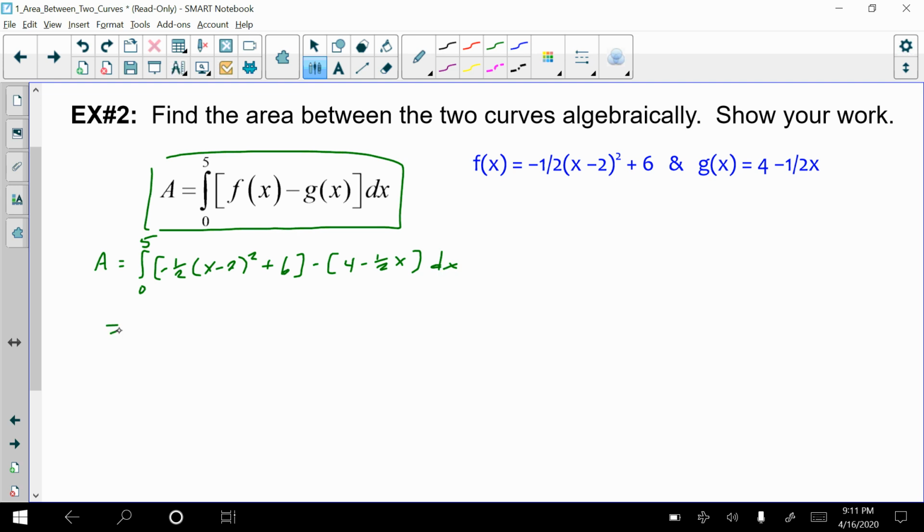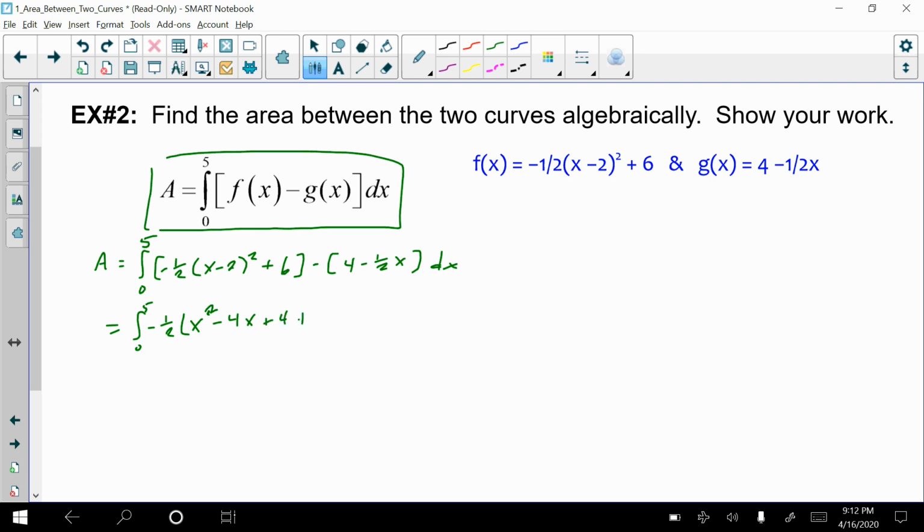Okay, the first thing I'm going to do is a couple of things at the same time. On the quadratic, we are going to expand the (x minus 2) squared and distribute. We will wind up with negative 1/2 times, and when I expand the binomial term, I get x squared minus 4x plus 4.